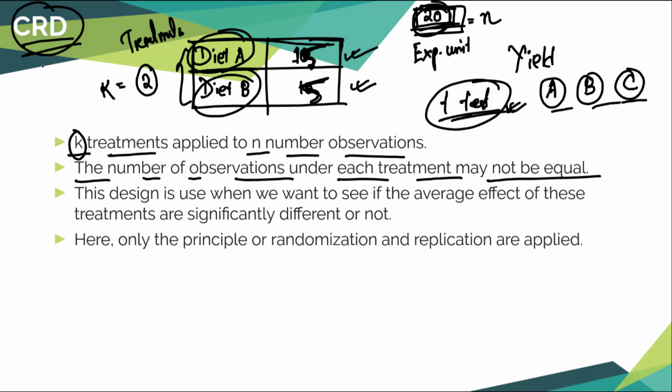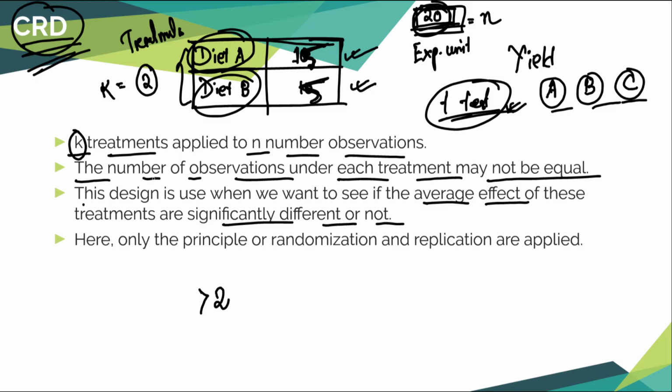In such a case, we use the concept of CRD, right? So this design is used when we want to see if the average effect of these treatments is significantly different or not. So if you have more than 2 treatments or more than 2 items to compare and you want to compare the average effect, then you go for CRD, right?